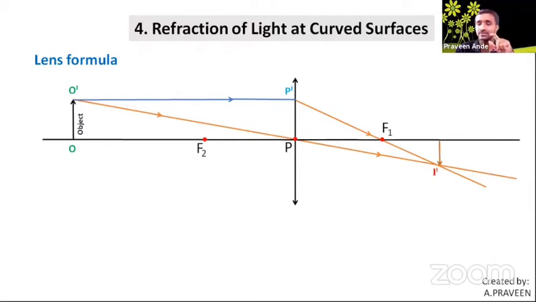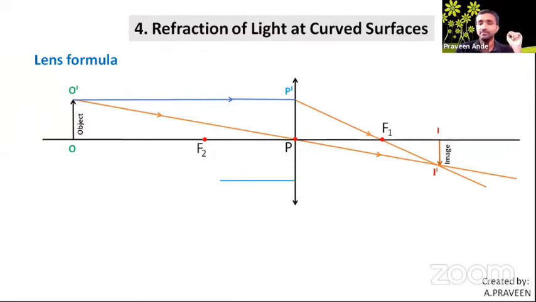The perpendicular line meets the principal axis at the image of the point O, identified as I. So I got the image, and its height is I dash.